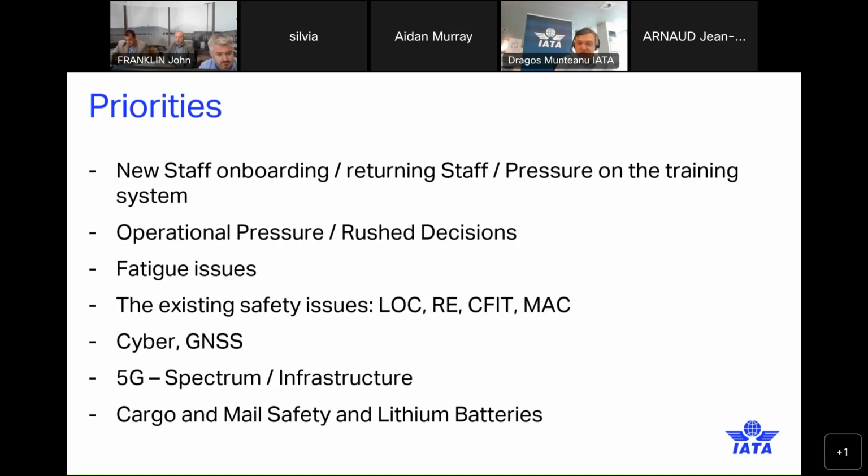Another issue that has come up in these 2 years, which is quite relevant and also important for the future, is 5G and the importance of spectrum availability for aviation. We know that there are issues with the implementation of 5G in the USA, and basically some of the radio altimeters are subject to interference because of the 5G antennas. It's not an issue necessarily for Europe, as the implementation of 5G in Europe is different technologically, but still it's a good sign to show that, in fact, we have always thought that spectrum might be an issue for aviation, and a lot of industries would like, let's say, a chunk of the spectrum for other types of activities.